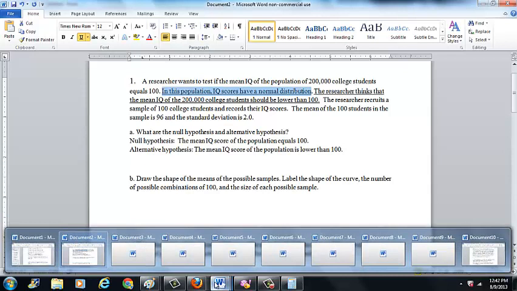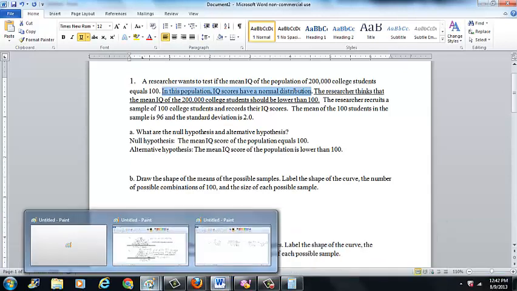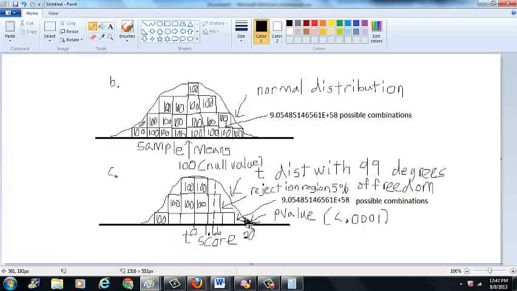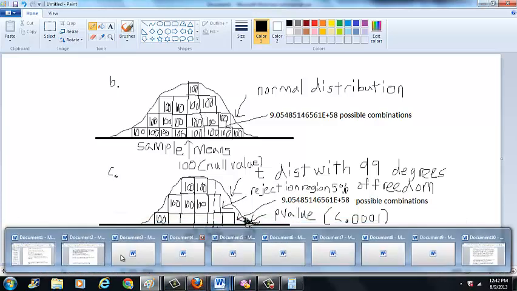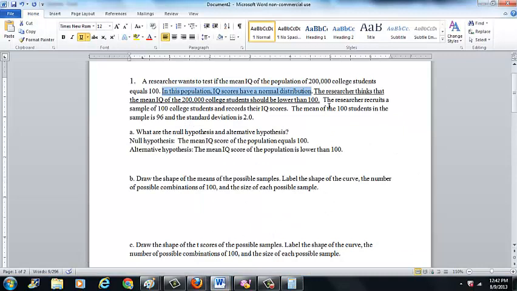So once again, we'll be drawing a normal curve around our possible samples, and you'll say it's a normal distribution. You'll find the number of possible combinations with the combination calculator. Inside each box, you'll put the sample size. Our sample size is 100.